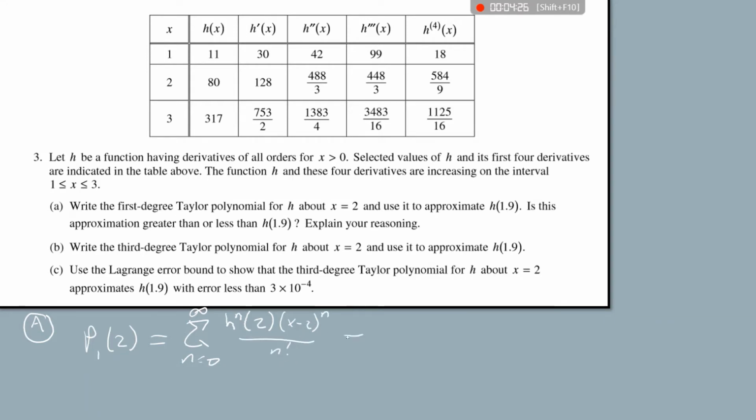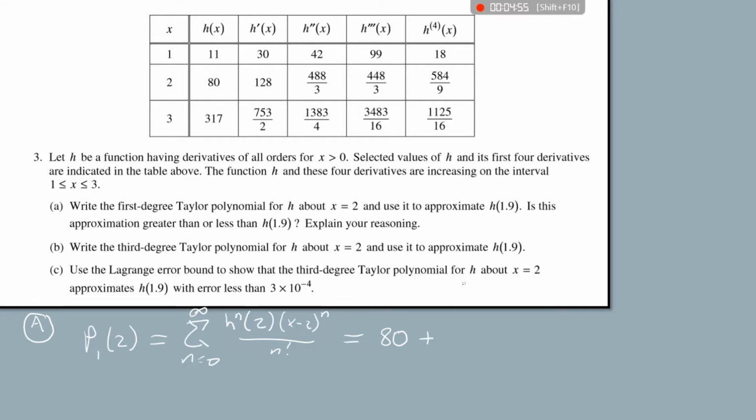Okay, so what's my first term? First term is 80. So that's the 0th derivative, which means we did not differentiate, and it would give us a constant. And because I'm plugging in 2, this is 2 minus 2. Okay, what's next? 128.